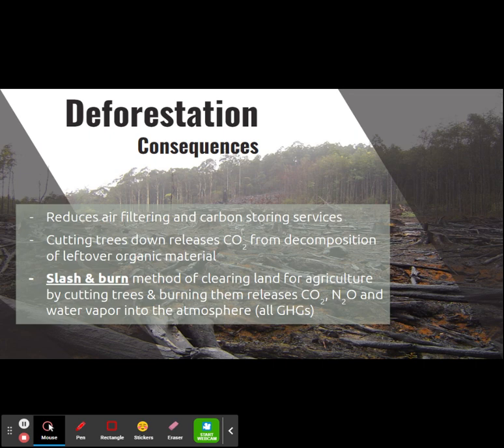Forest fires are a great example of secondary succession, where an area is destroyed by a fire. So these things do happen naturally, but slash and burn is a human, anthropogenic method by which we're contributing to greenhouse gases in our atmosphere.